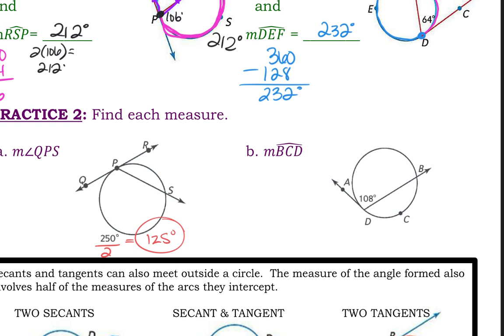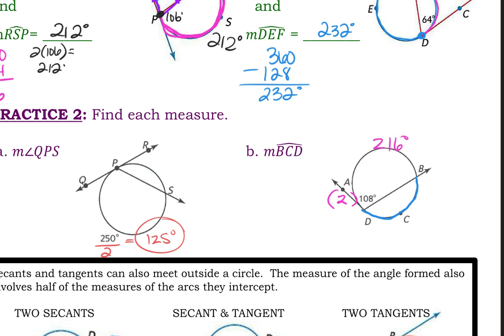What about the second one? Second one's looking for BCD, and this one you could approach two different ways. How would I find arc BCD? Anybody like to share what they did? Double 108. Okay, so then 2 times 108 is 216.